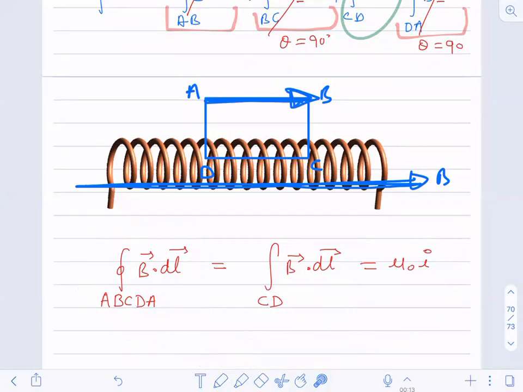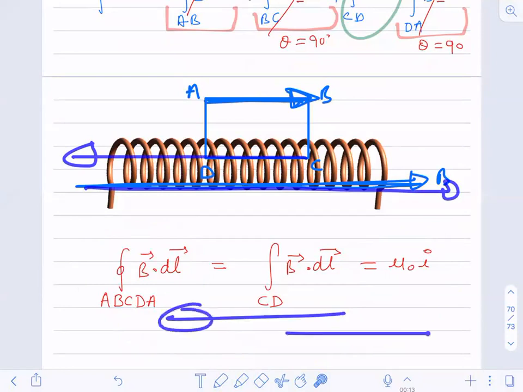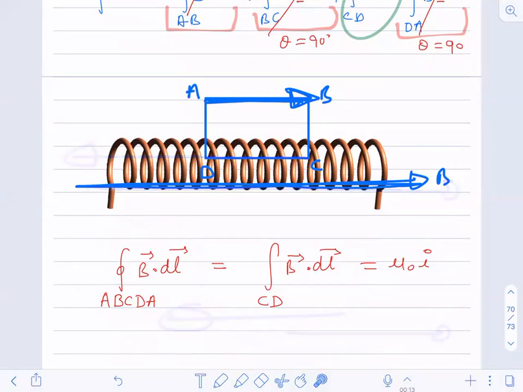How is C to D? From C to D you are going like this, and B is in this direction. What is the angle between them? One vector is here, one vector is here. It is 180 degree, dear.